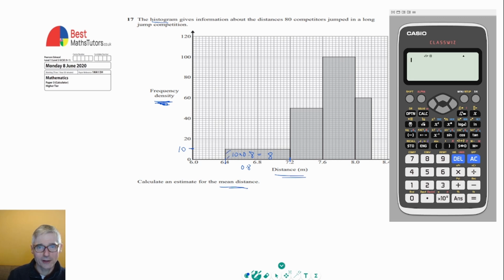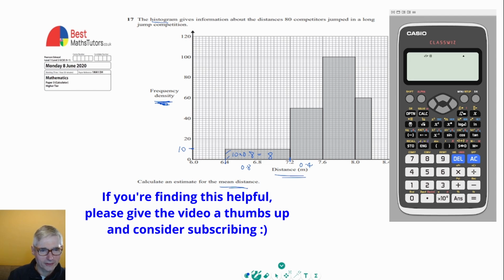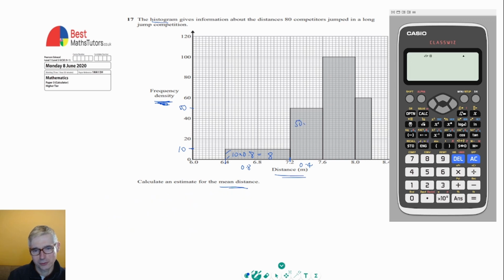And then we're going to have to do that for each of the groups. So we can see that the width of this one is 0.4. And if we project it across, we can see that that's 50. So for this group, we've got to do 50 times 0.4, and if we work that out, that will give me 20. So that's the frequency for this group.